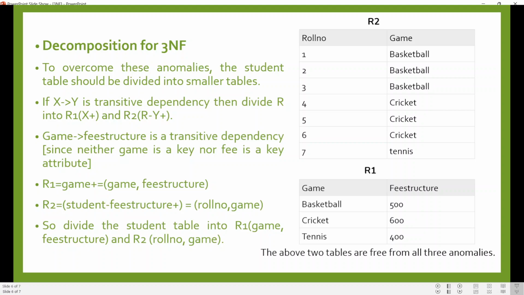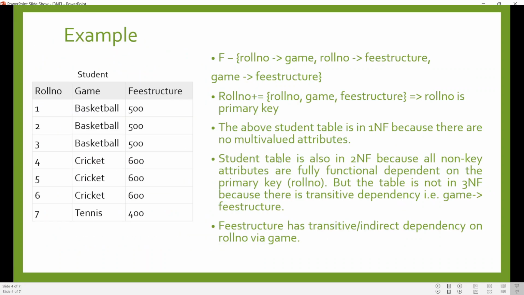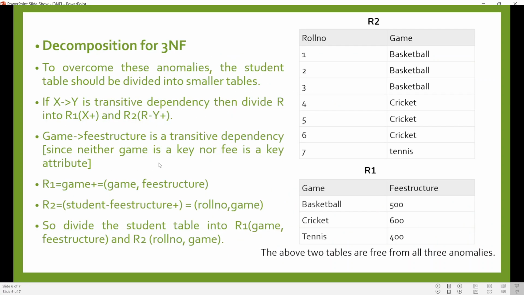So we were having a relation, and what we have done is decomposed this relation. This relation is already in second normal form, and it is not in third normal form. Why? Because there is a transitive dependency present in this relation. So for getting rid of the transitive dependency, we have decomposed this relation into two, by means of this rule, and we have got two relations like this.